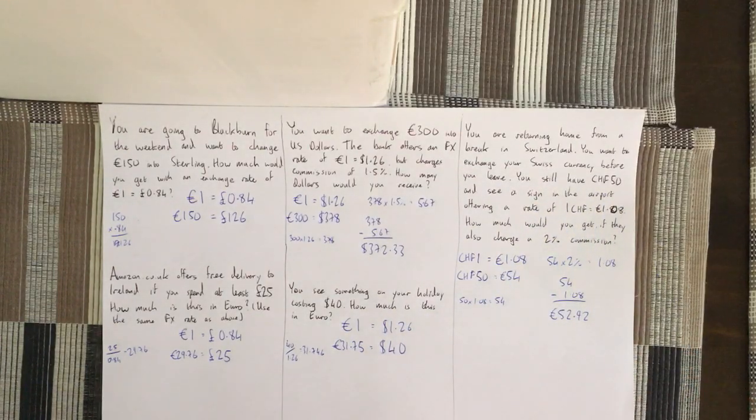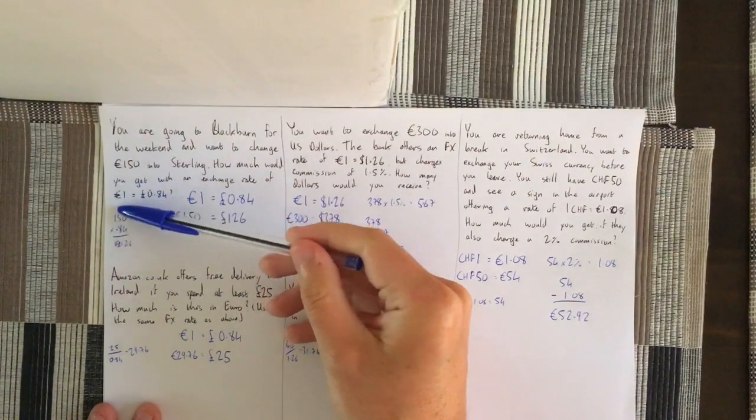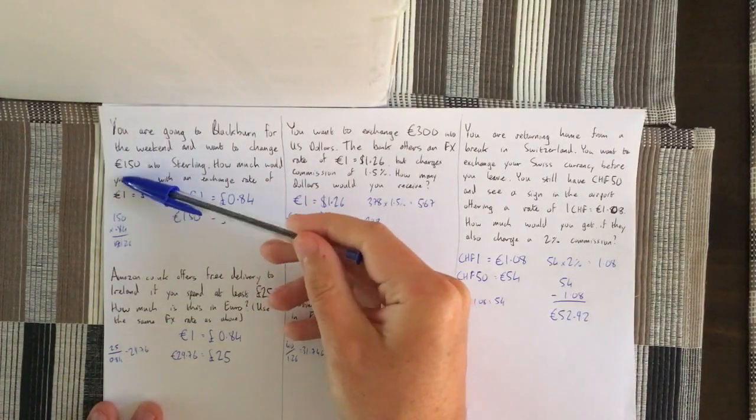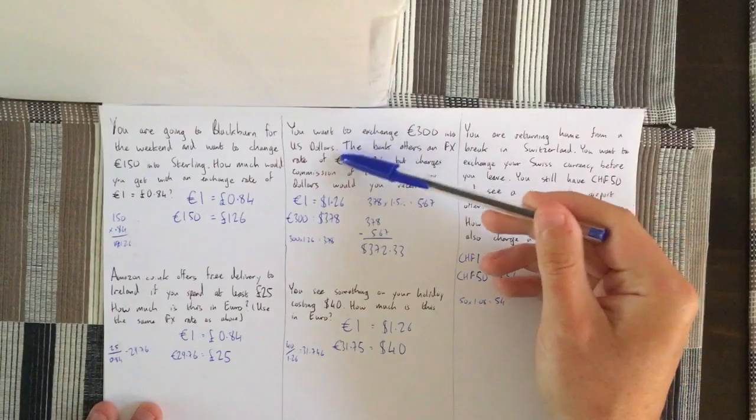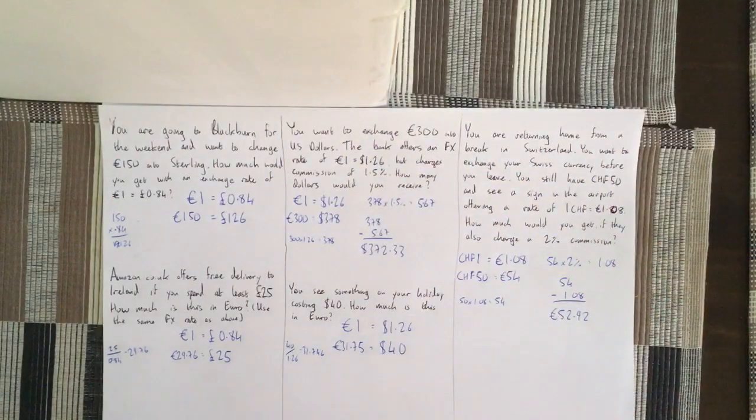Whatever currency the exchange rate is in terms of, you can think of that as your base currency, and to go from your base currency into another currency, it's multiply, and to come back into your base currency, it's divide.